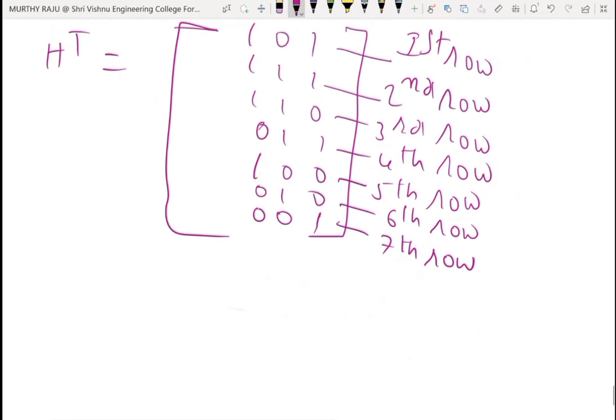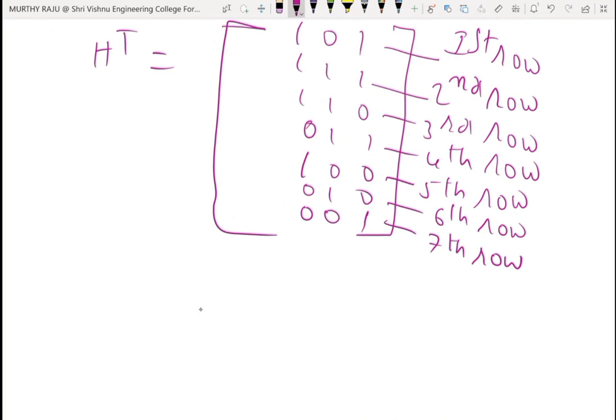Once the error pattern is determined with the help of this position, whether it is the first row, second row, and so on, the error pattern is added to the received vector, and therefore the code is corrected. The transmitted code vector X is equal to the error vector plus the received code vector.